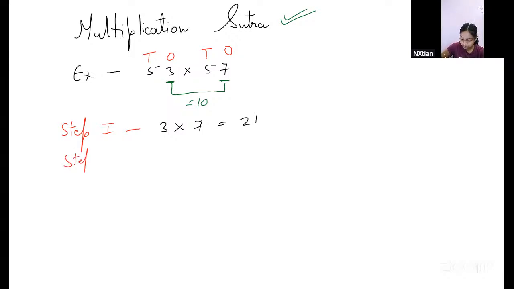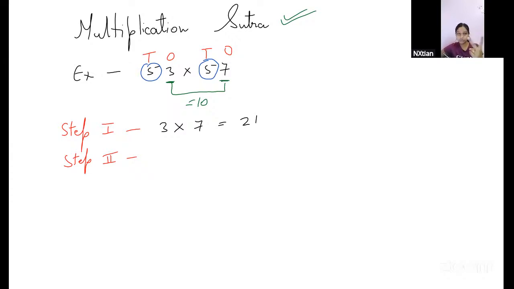Step 2 is we will add 1 to the left digit. Now, one more thing is there in this sutra: the digit on the left side will be the same. So to this digit on the left side, you will add 1.